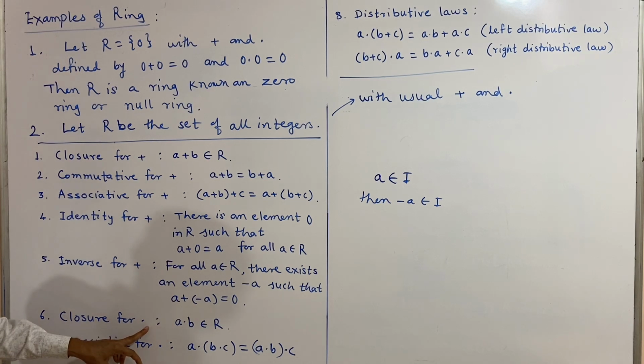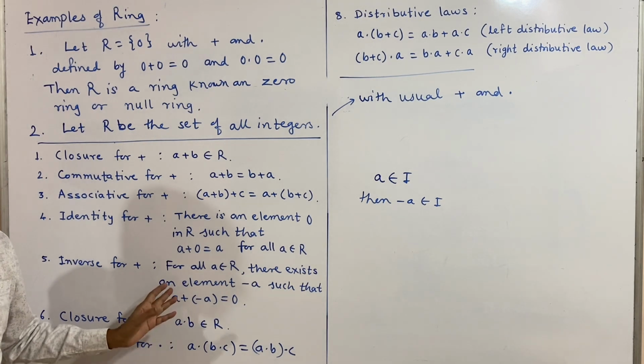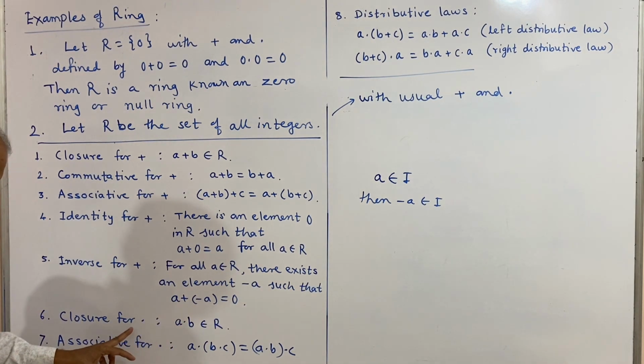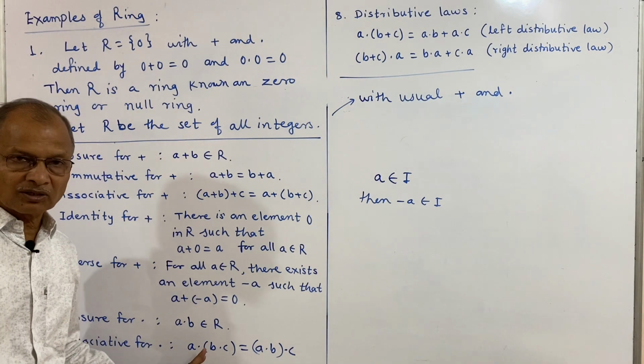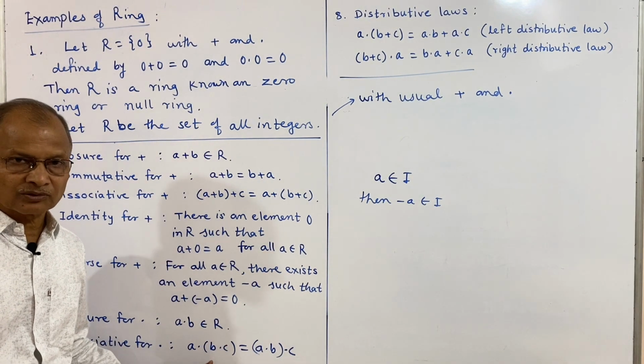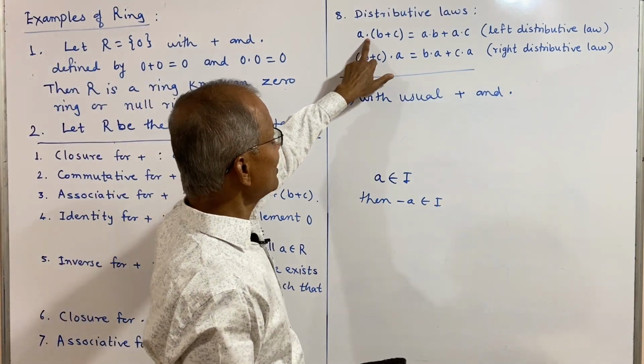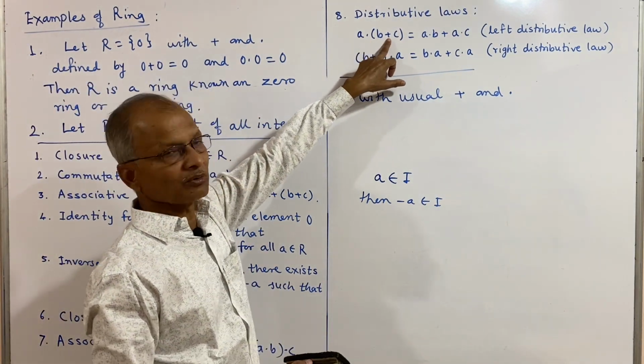Closure for multiplication. Multiplication of 2 integers is again an integer, and therefore this law holds. Associative. Usual multiplication is associative, and we know that usual multiplication is distributive over addition.